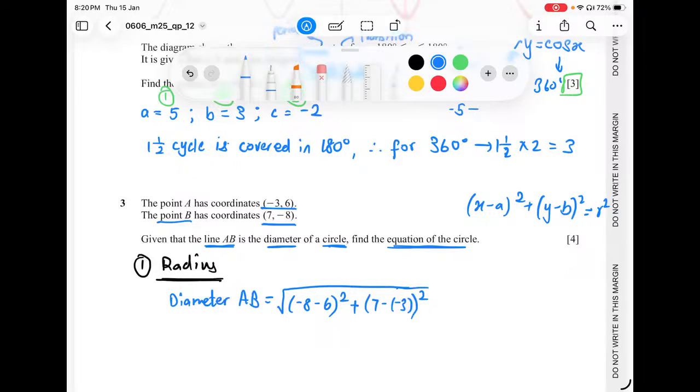And then you square both the values. So now you get 14 squared plus 10 squared.